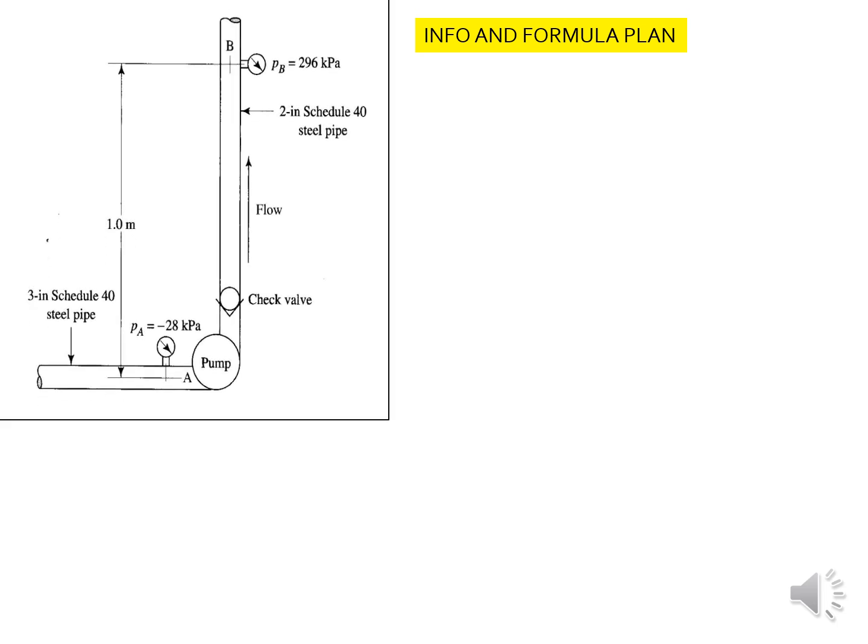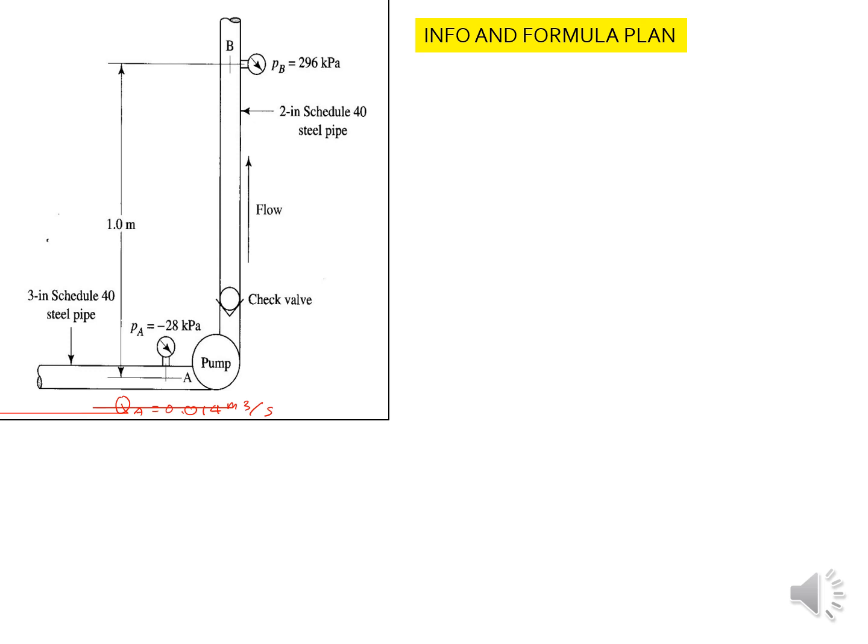So as usual, we will list down all the information provided, including the one provided in the diagram, and we are also going to plan our formula. How can we solve it? This is the diagram provided. Apart from this, we also have the information about the flow rate at QA, which equals 0.014 meter cube per second.